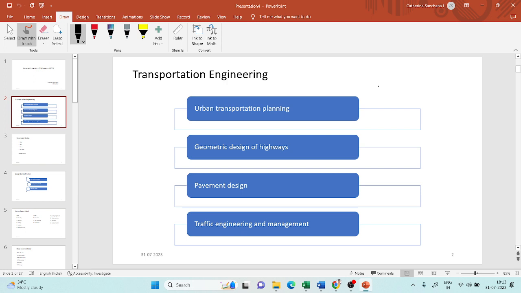So it deals with the physical entities of the highways.